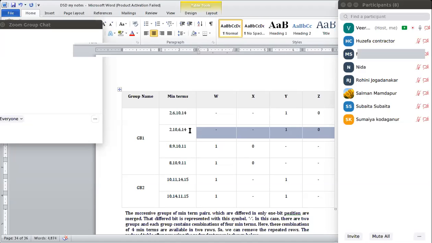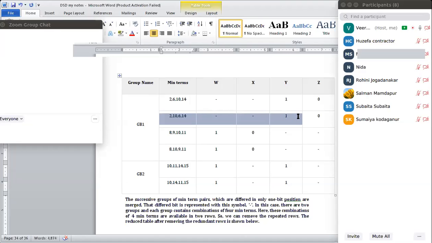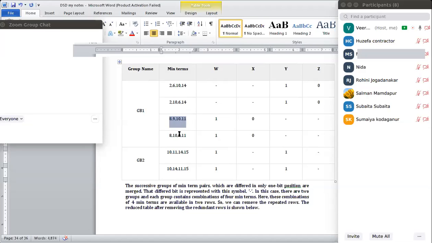That is, I'm going to consider only one from this. Okay, here also 8, 9, 10, 11, 8, 10, 9, 11. Both are same. See, the value is also same. 1, 0, minus, minus, 1, 0, minus, minus. So I'm going to combine this one. I'm going to pick up only one from out of these two.